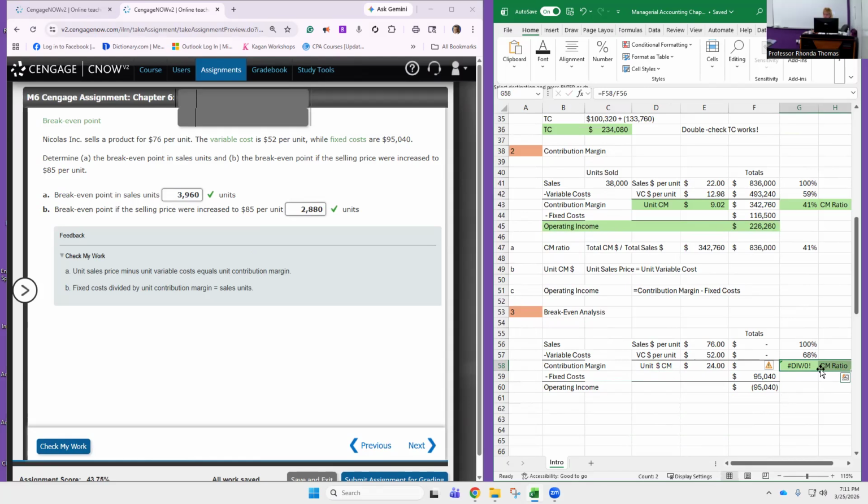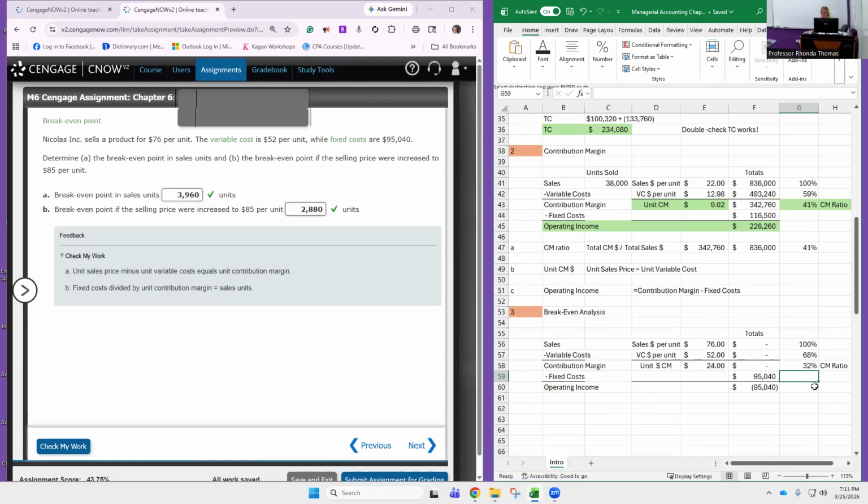Okay, so then we have our contribution margin percentage is going to sit over here. Okay, contribution margin percentage. So you can just subtract 68 from 100, which is the easiest, or you can do it the hard way, $24 divided by the sales price.